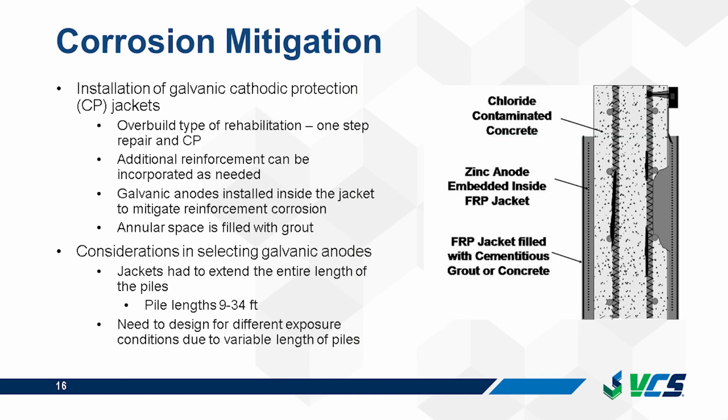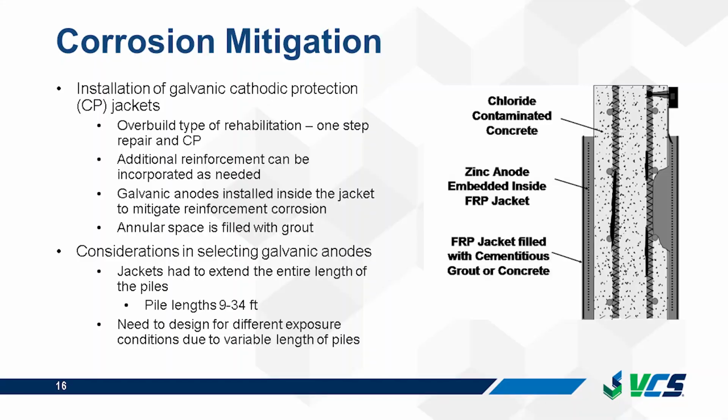So in a CP jacket, we have an outside FRP jacket. Then the anodes are placed inside the jacket to provide cathodic protection, and then the jacket form is pumped with grout. This grout provides concrete repair and provides an activating environment for the anode.